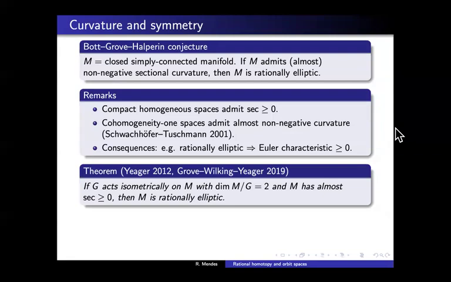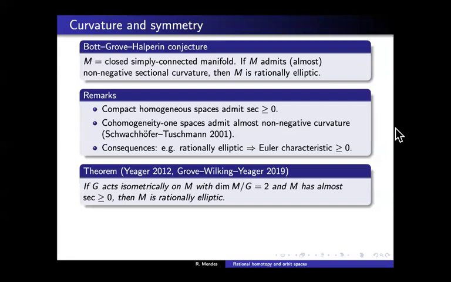So you can say that this falls into the so-called Grove program, right? The Bott Grove Halperin conjecture. It's a conjecture about non-negative curvature. It's too hard, so let's add some symmetry to it. And this is a solution of that conjecture under the additional symmetry assumption that you have a group acting with homogeneity 2. Okay.